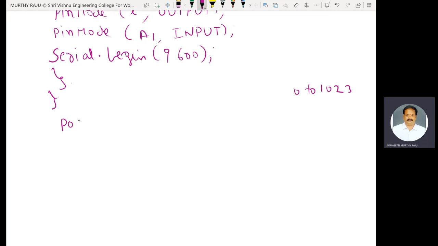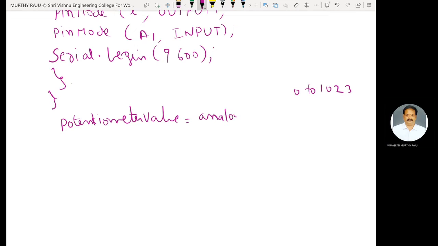Already integer potentiometer value is declared at the beginning. Suppose the declaration is not there at the beginning, here we use integer in front of potentiometer value. Potentiometer value is equal to analogRead of the potentiometer pin. These values are changed by using the potentiometer wiper pin.